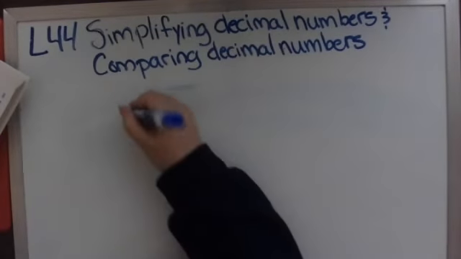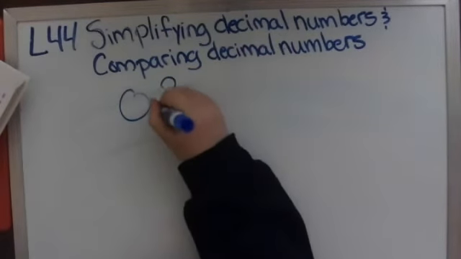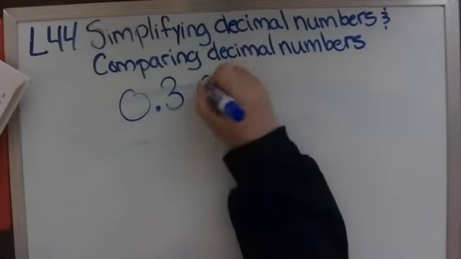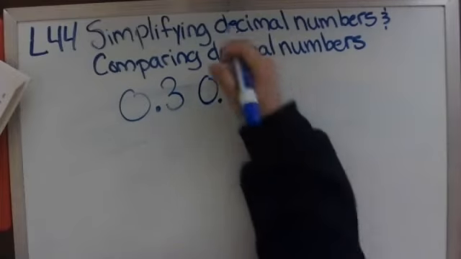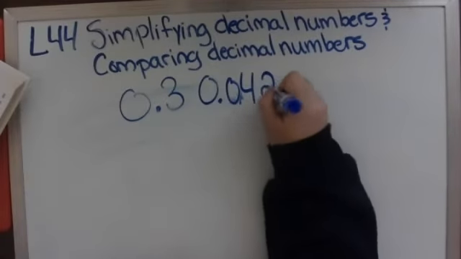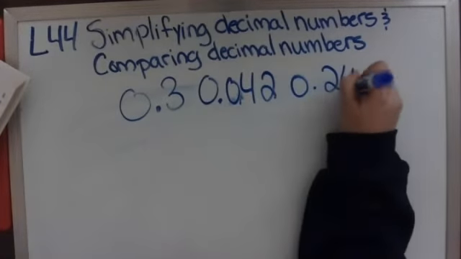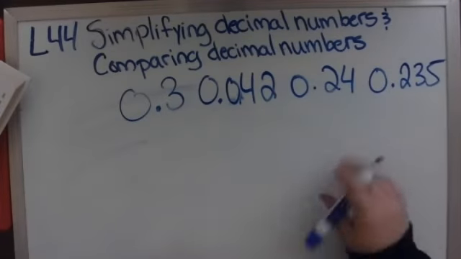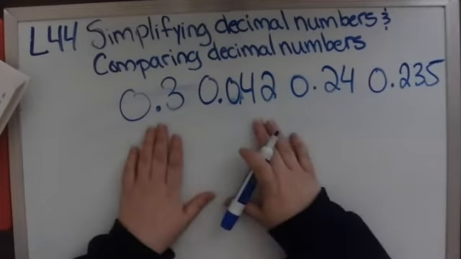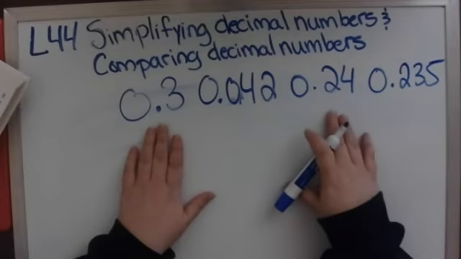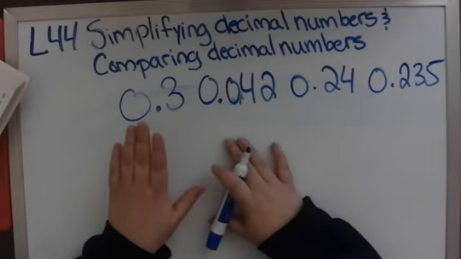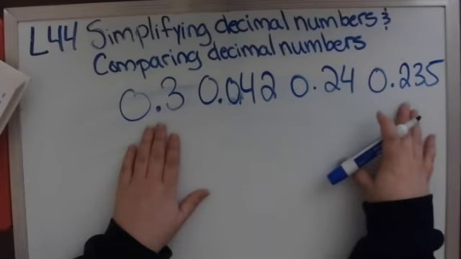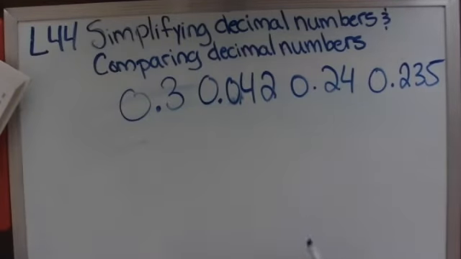Okay, if I have these numbers here and you are asked to put them in order from least to greatest, okay, we have 3/10, 42/100, 42,000ths, 2400ths, and 235,000ths.